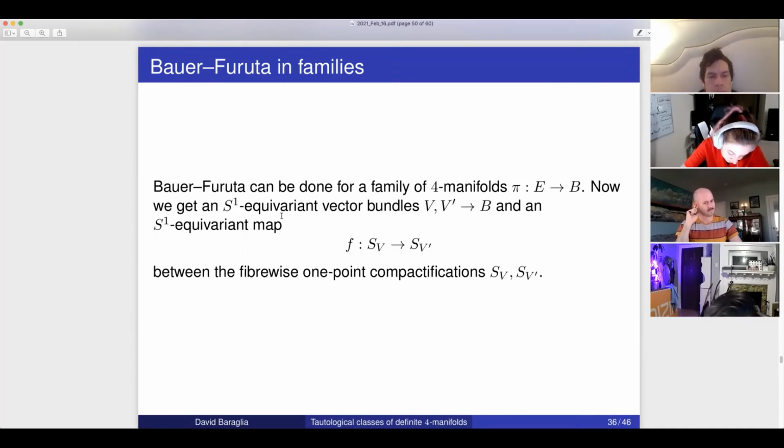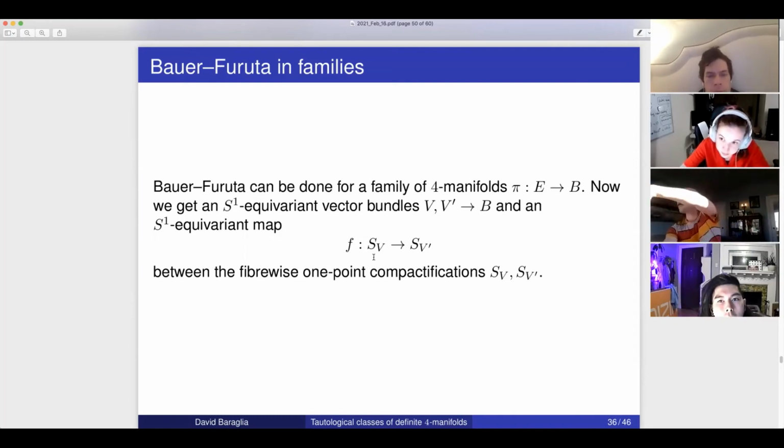So those are finite dimensional vector bundles V and V prime, and then you get an S1 equivariant map between the sphere bundles that you get by taking the fiberwise one-point compactification.